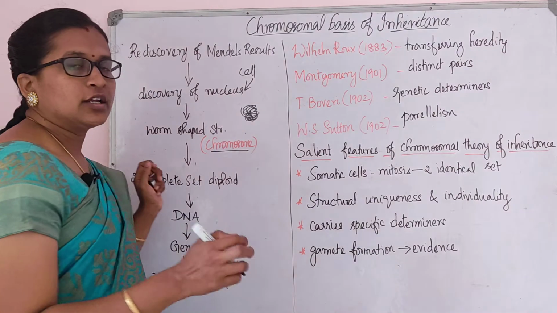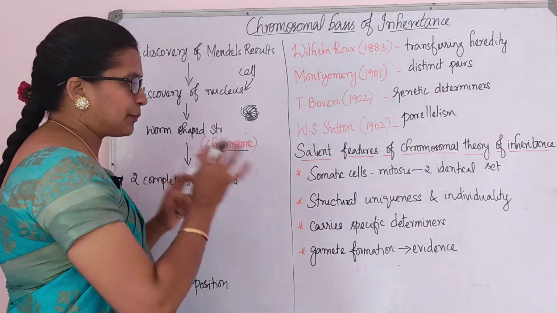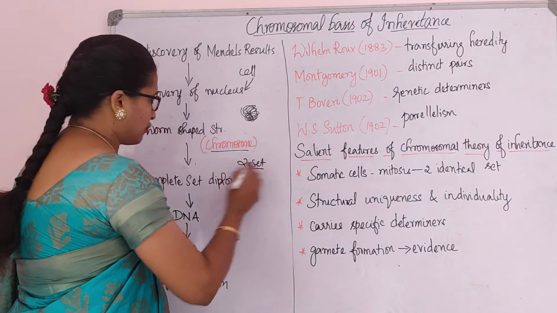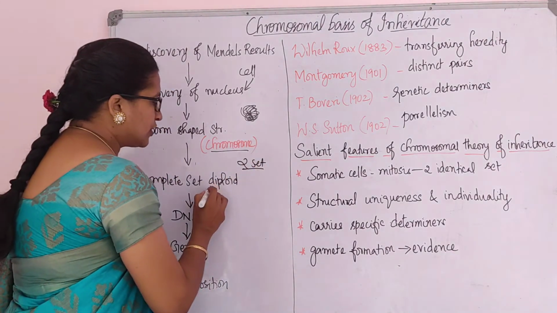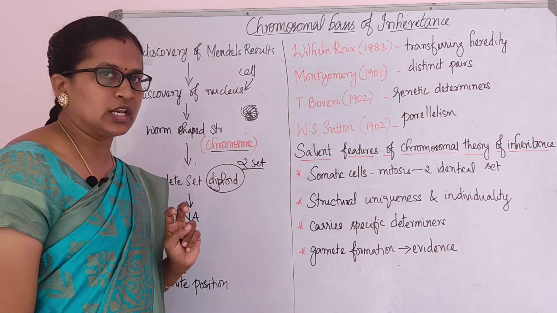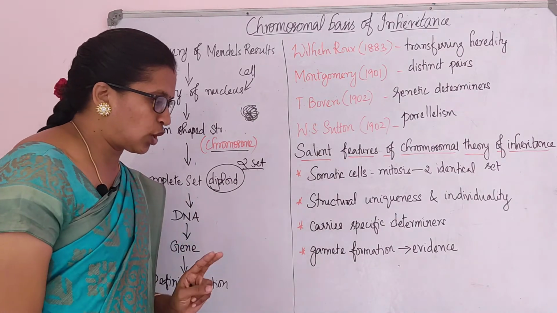They saw that 2 complete sets of chromosomes are there, like pairs. So if there are 2 sets, we call it diploid.